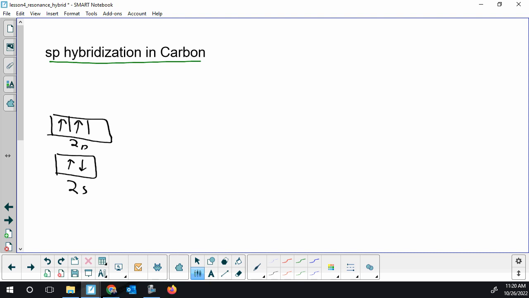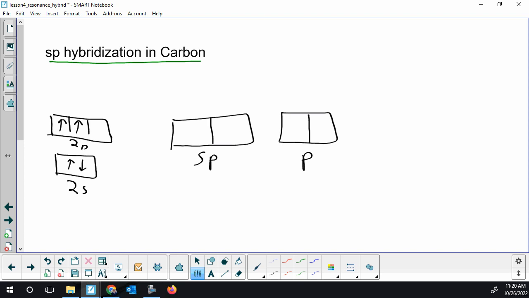So there's our 4 valence electrons. We don't see this. I'm going to mix 1s with 1p. That's only going to give me 2 orbitals. The other remaining 2 p orbitals don't mix.